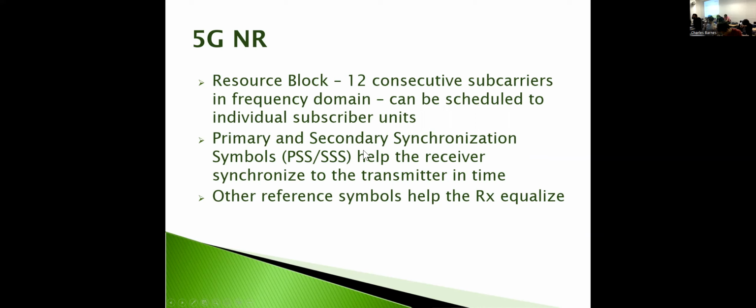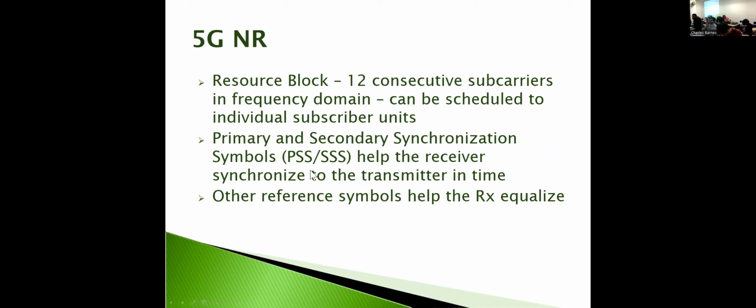These are signals in a very specific code that are always the same for a given base station. The receiver can constantly be looking for those well-known PSS and SSS symbols. When it sees those, that's how it figures out that a frame is starting exactly now.